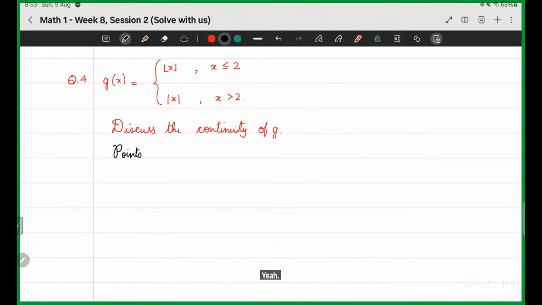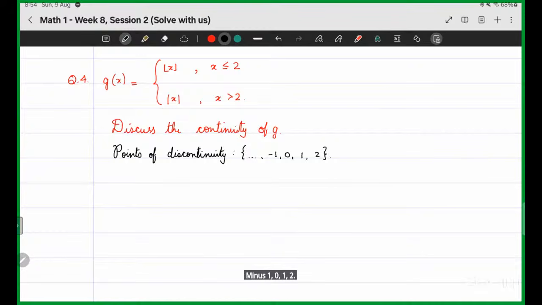Is it continuous everywhere else? It is also discontinuous at all the integer points which are less than 2. Let's say minus 1, 0, 1, 2.